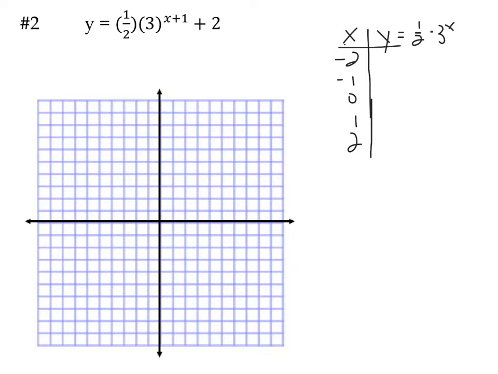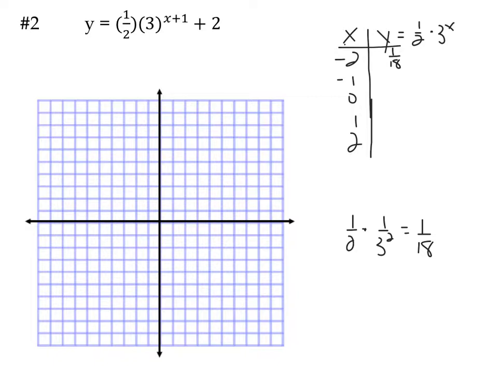All right? So the first thing we do is we'd have 1/2 times 1 over 3 squared, right? Because put a -2 in there, right? That 3 to the -2 becomes 1 over 3 to the 2nd. So that's 1 over 18. Okay? So we have 1 over 18.